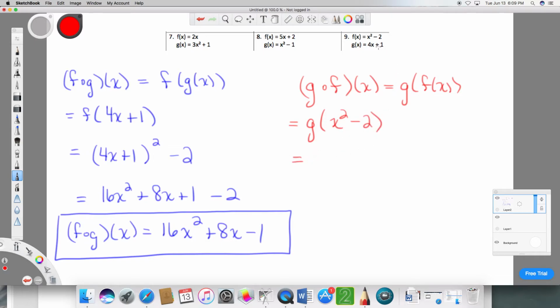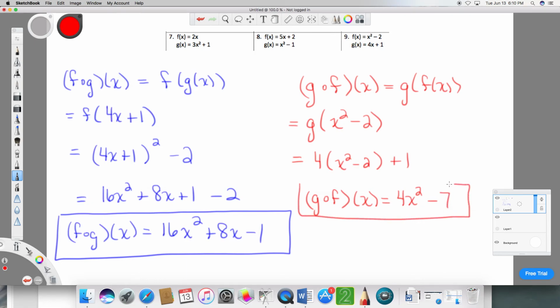Well, g always creates an addition problem, 4 times the input plus 1, where the input is x squared minus 2. So this g composed with f, if we distribute the 4, is 4x squared minus 8 plus 1. I get 4x squared minus 7.